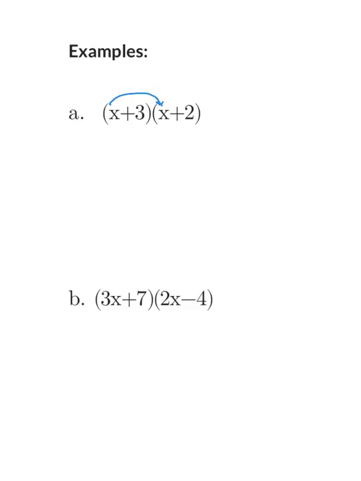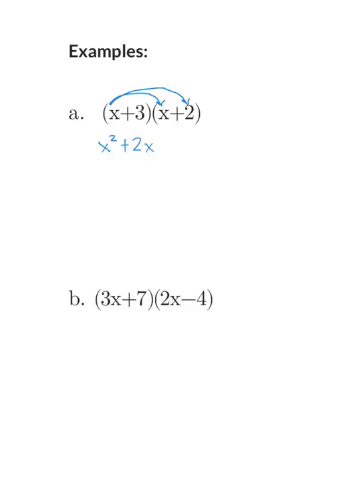We get x times x is x squared. O stands for outsides. My outsides is basically the one on the far left and the one on the far right. So we get x times 2 is 2x.